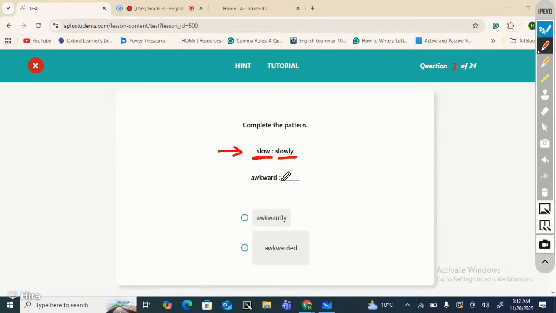Now, the second one, awkward. Awkward means strange. So, how are you going to complete? Look at the first one. The first one ends in a specific suffix, ly. I look at the ly suffix.